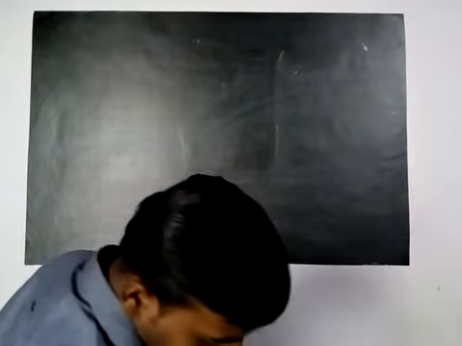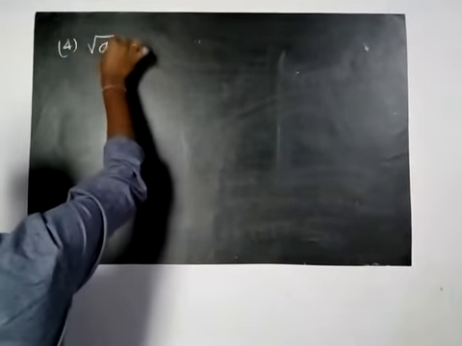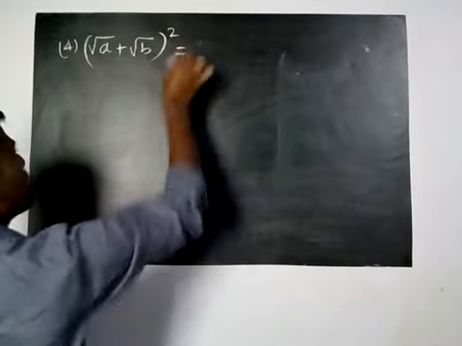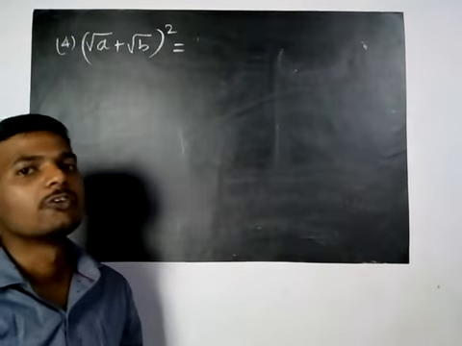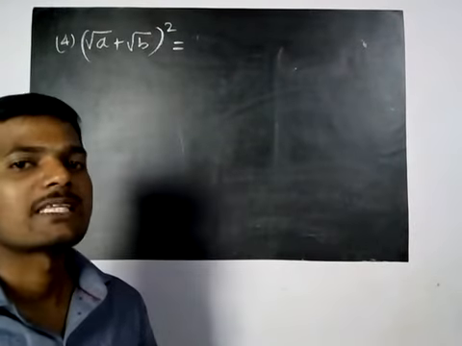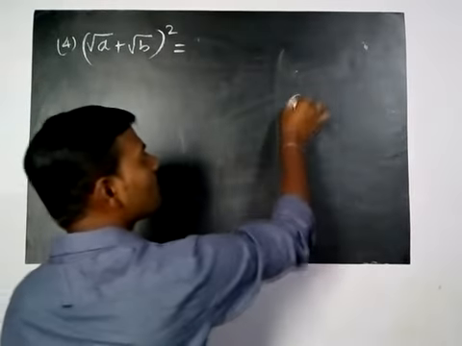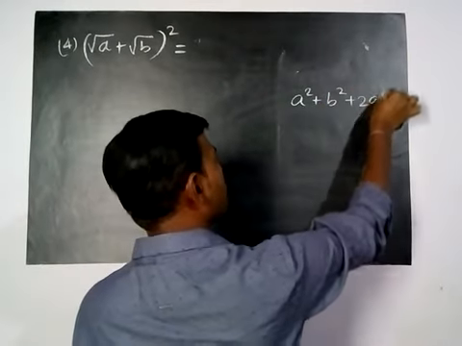And next, square root a plus square root b whole square. You know that already, the a plus b whole square formula: a square plus b square plus 2ab.